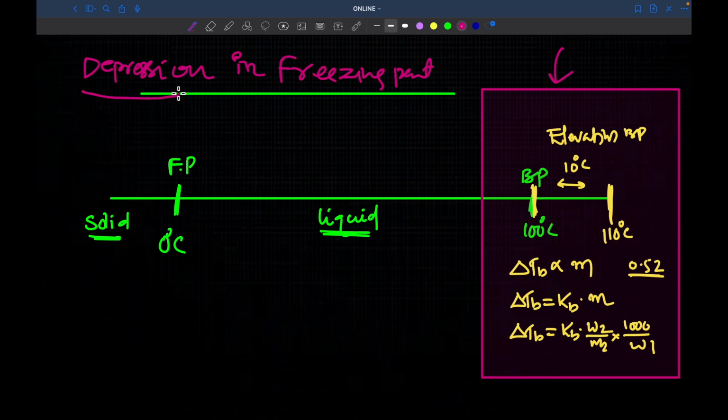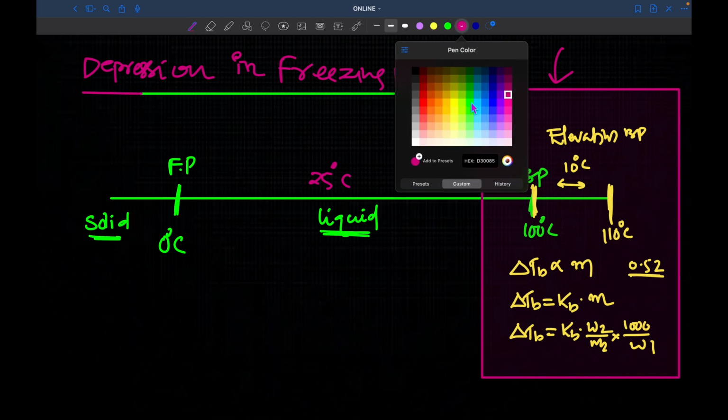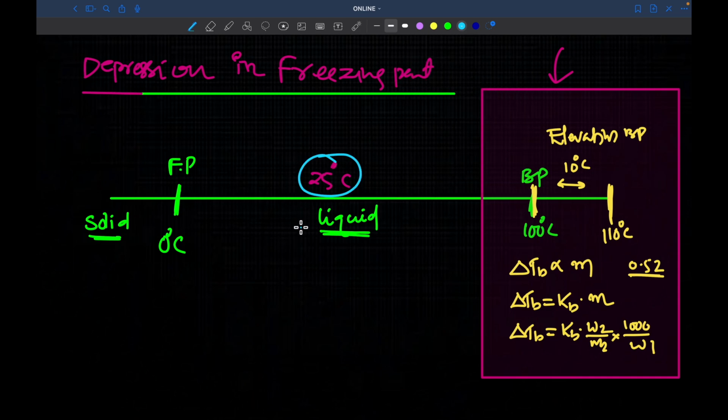So, water is a liquid. We know it at normal temperature. Water in our place is at least a liquid, right? So, let us say it's 25 degrees Celsius, it's a liquid. When it is in the form of liquid, what shall we do? We will try to decrease the temperature. When you decrease the temperature, what happens?